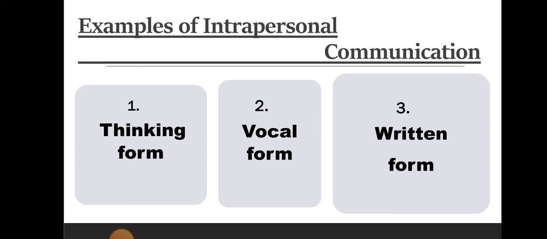These are the different examples that are used in intrapersonal communication. So we can see that if we are skilled at intrapersonal communication, then it also has advantages for a person. The people who are involved in intrapersonal communication can understand themselves and their emotions in a very good, an excellent way.